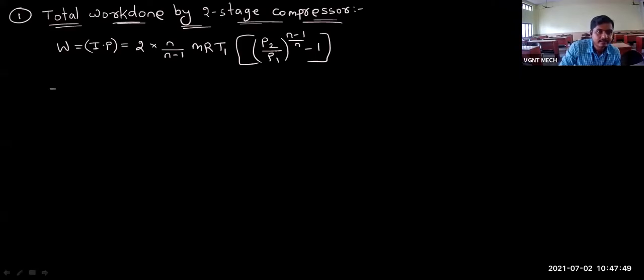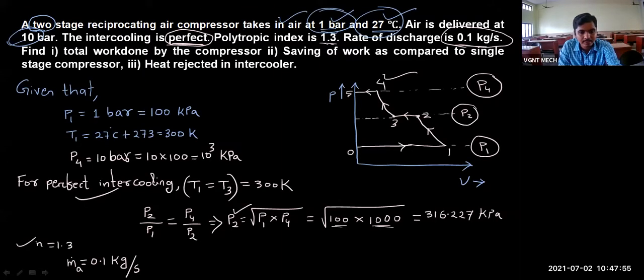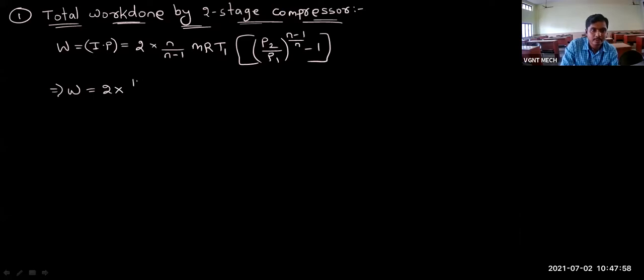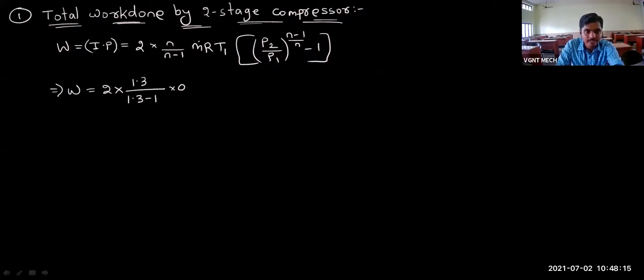That implies the work done I will calculate from here very simply: 2 into, what is the n value? The n value was 1.3. So we write 1.3 divided by 1.3 minus 1, into what is the mass flow rate? The mass flow rate is 0.1 kg per second. So here we will write 0.1 into the R value. What is the value of R?